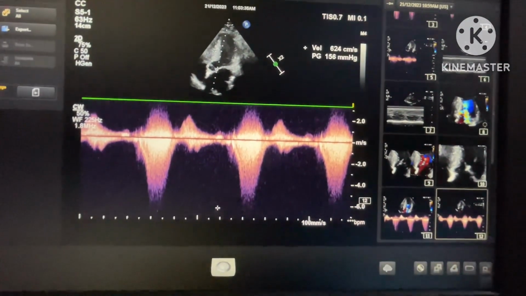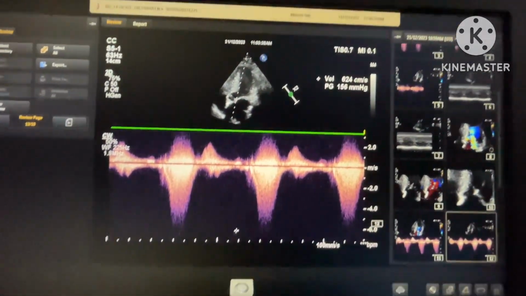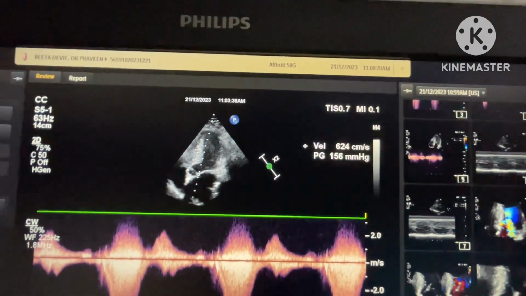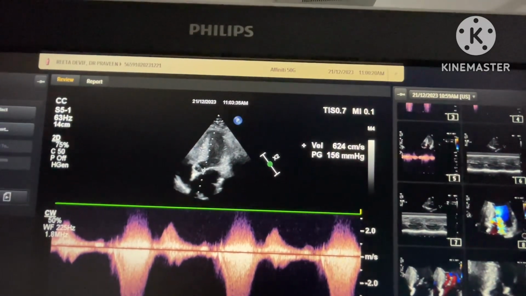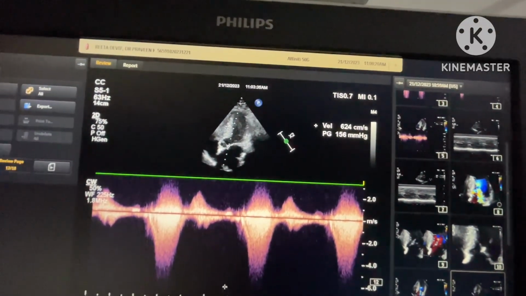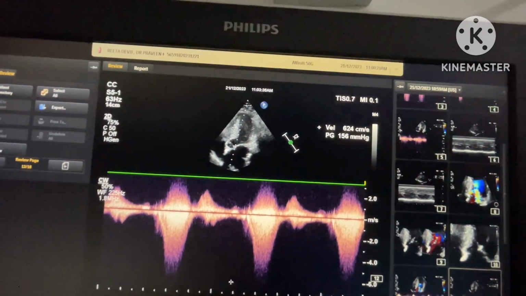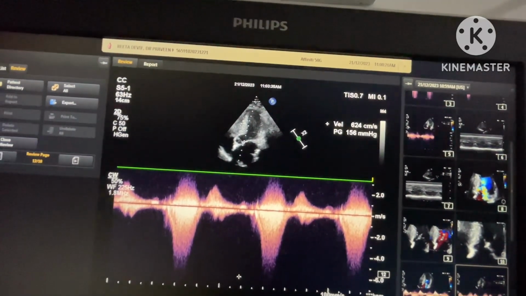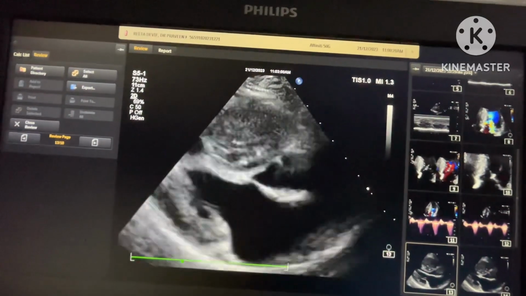So the gradient in this case is very high as the velocity is very high. In case of SAM, if significant flow obstruction is there, the patient is symptomatic, and syncope is present.